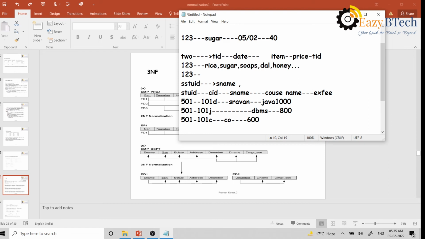Course name depends upon student ID and course ID both. Course fee also depends upon CID, some exam fee. These are called functional dependencies.